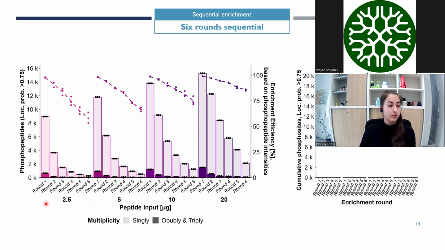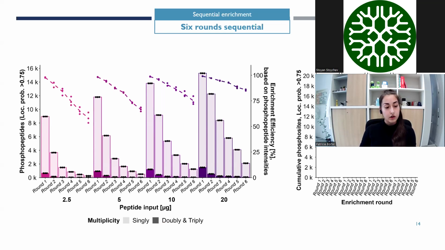And importantly here, we collected each fraction of each round separately. So after each round of sequential enrichment, we retrieved the eluate and replaced it with a new elution buffer. And subsequently, we also measured each of these fractions separately.